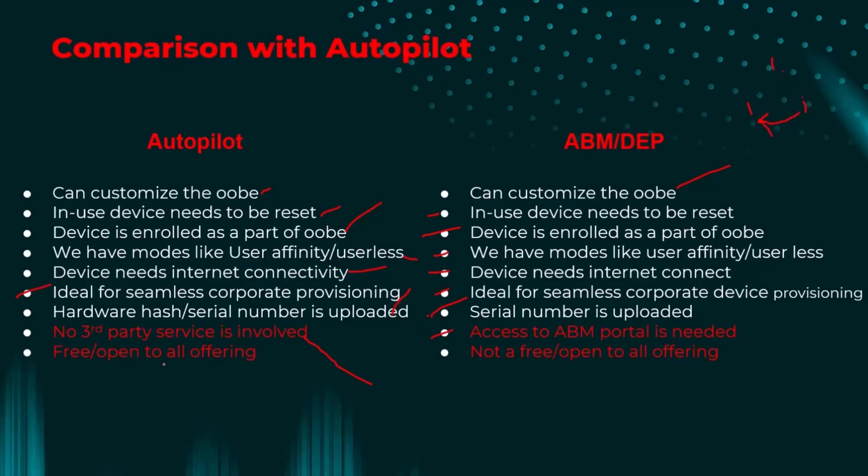And using Autopilot is free and open to all. However, using ABM or DEP is not free. Well, technically it is free, but in order for you to make an account in ABM or DEP, you need to have something called a DUNS number, and getting a DUNS number might involve some cost.